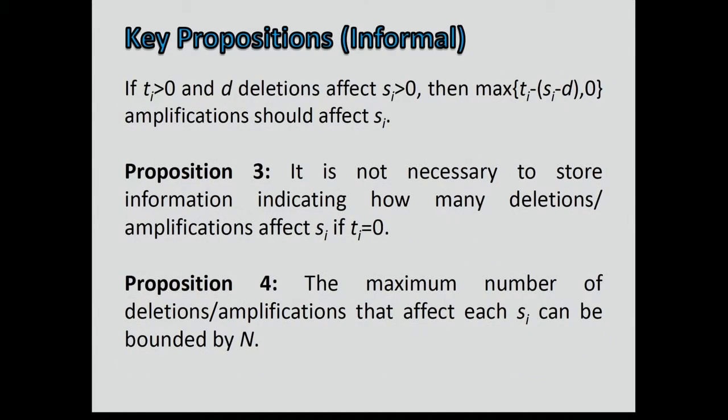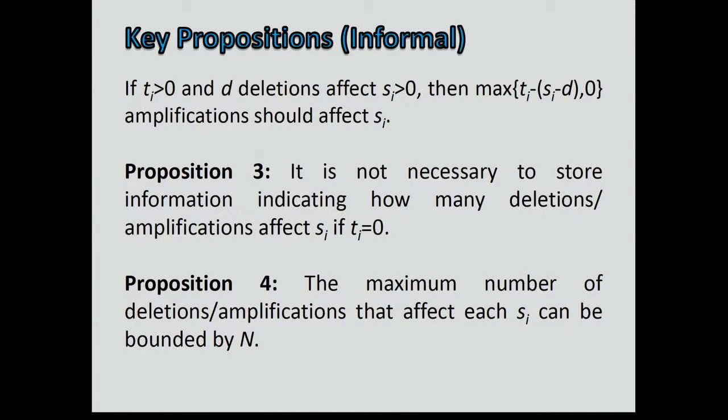If we are looking at the index i such that Ti is greater than 0, and we know how many deletions affect Si when we want to reach Ti, then we can compute exactly how many amplifications should affect it. However, if Ti is 0, then this is no longer true.